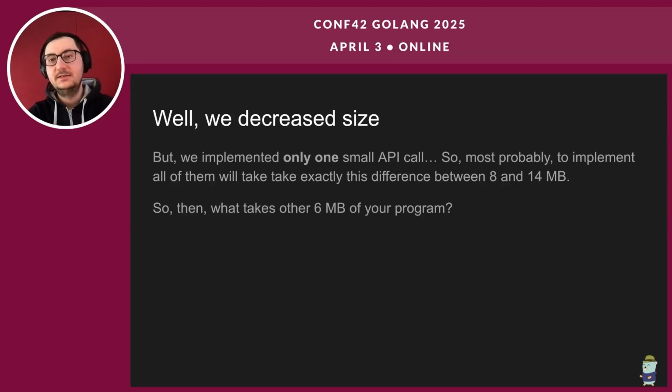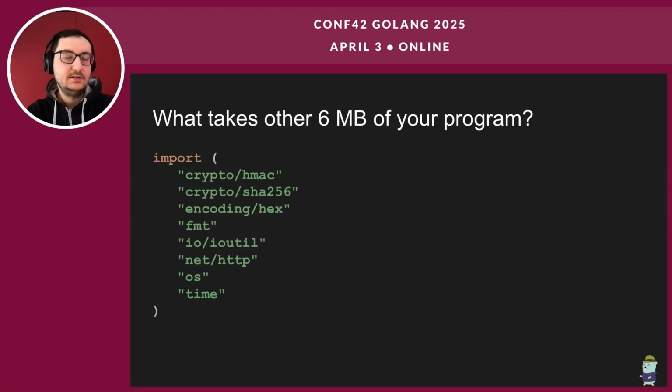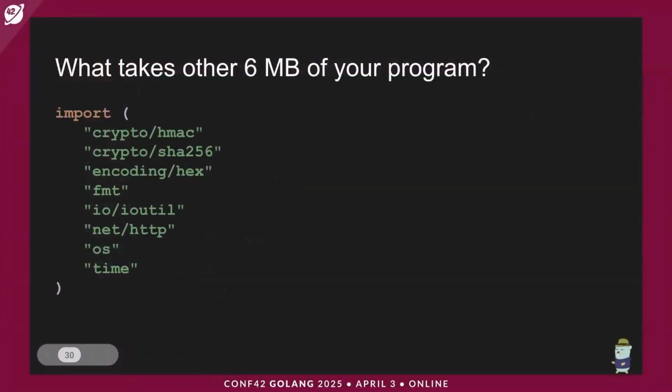So maybe the 6 megabytes we just removed from our application is exactly the implementation of this code. But still, our application is big. If we compare to the previous one, it was 2 megabytes. Right now it's 8, so this is 6 more megabytes. Which of these dependencies takes all the credit for inflating the size of our application?